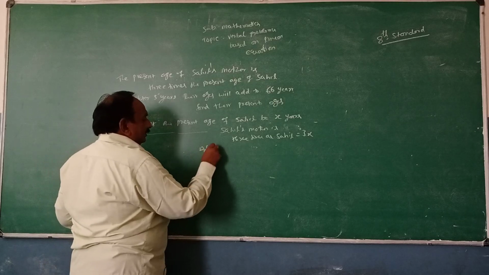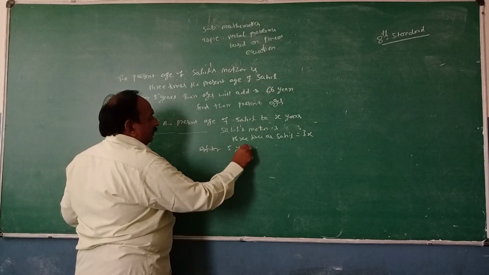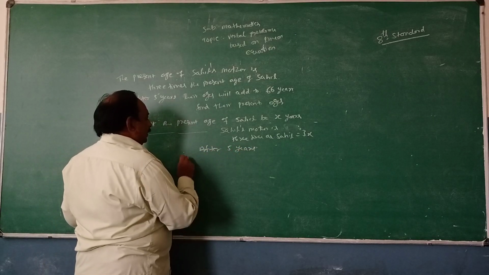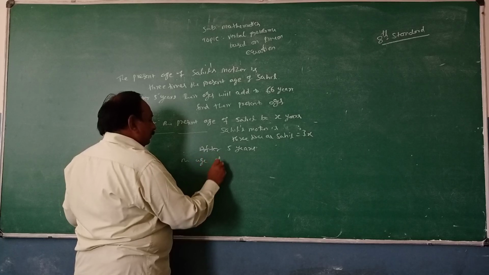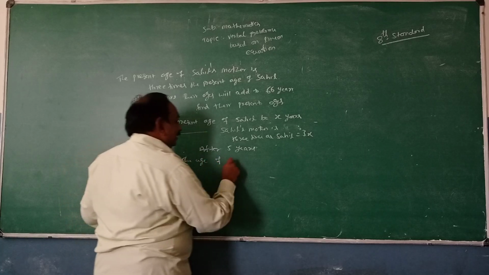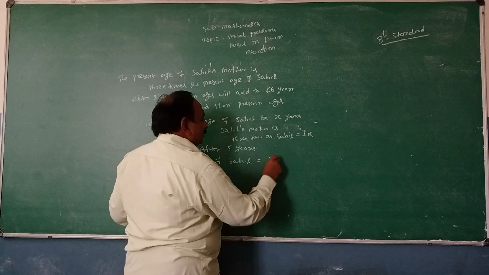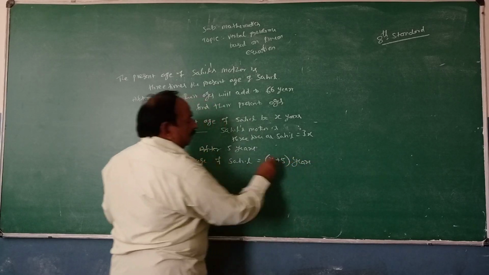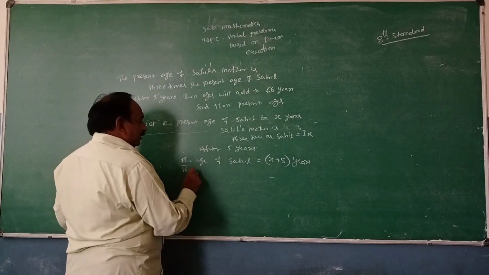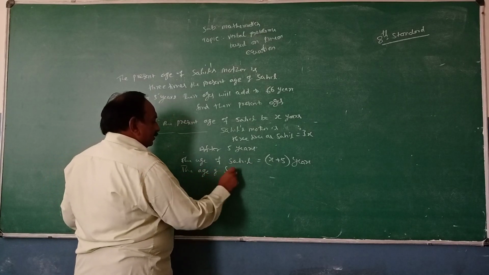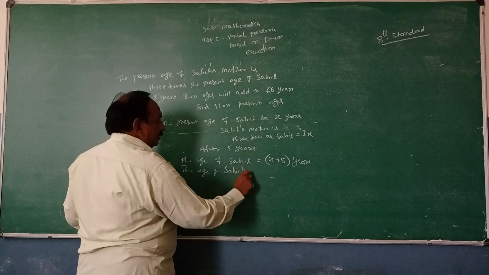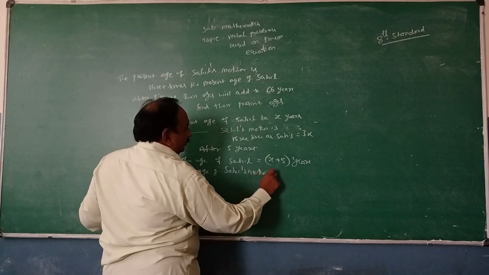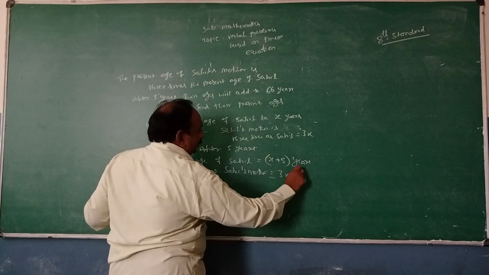After 5 years, the age of Sahil is x plus 5 years. After means plus. The age of Sahil's mother is 3x plus 5 years.